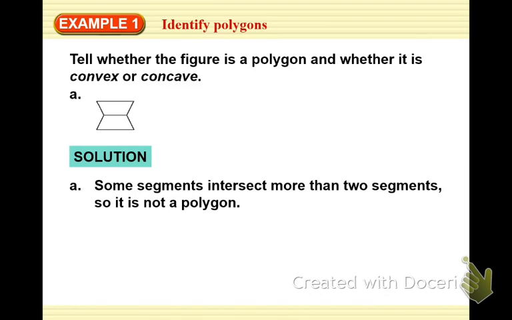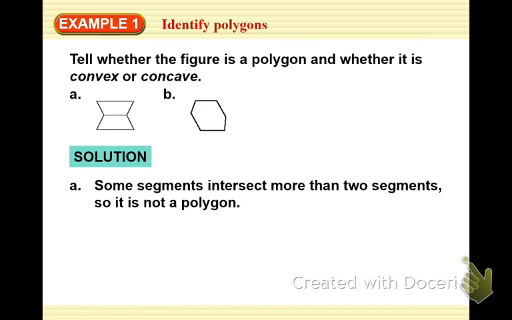No. And the problem is there's a segment right here that's touching more than two other segments, and that's one of the criteria for a polygon. So this guy fails that. We're doing this quickly, and the definitions are back there in your notes, make sure you understand all the criteria. So this guy is not a polygon. Since it's not a polygon, it doesn't make a lot of sense to talk about convex or concave.